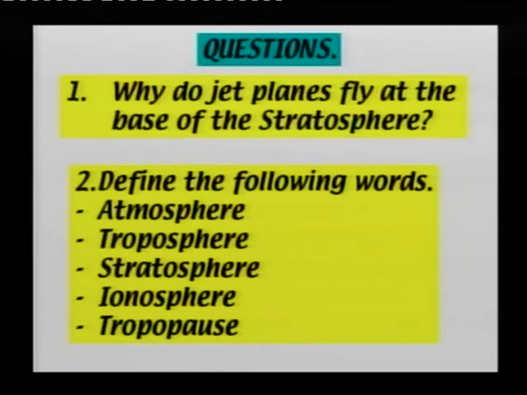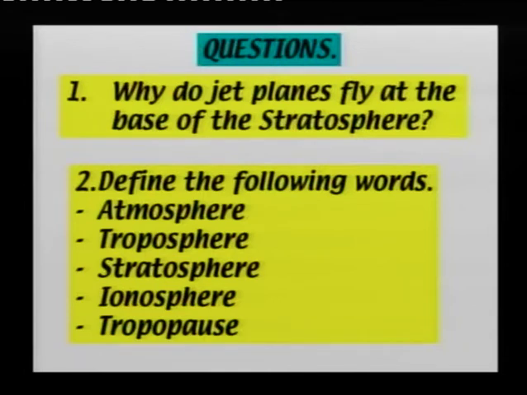Question 2 is basically to do with definitions, and these are some of the words that we have already used in our characteristics and also the zones of the atmosphere. I'd like you to find definitions and write the definitions in your exercise book.